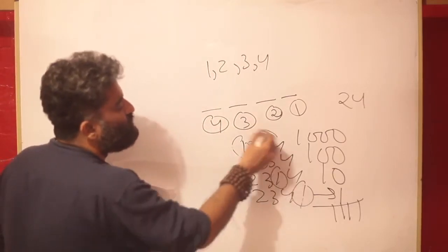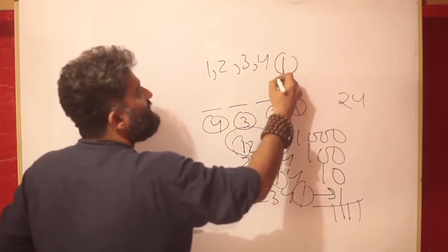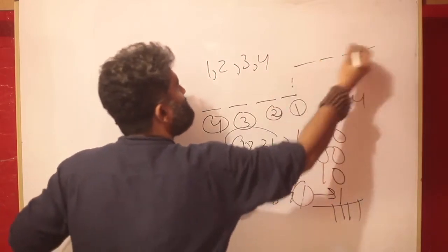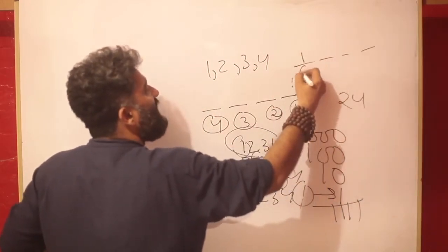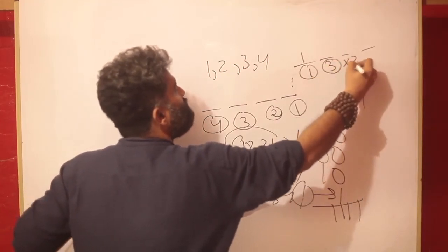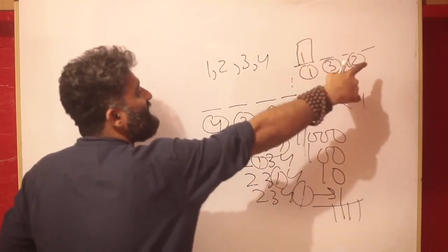What else do you know? You know that for the first position, if I lock down 1, that means only one way. Let's say for 4 digits, if I lock down 1, how many ways? One way. And then it would be left with 3 ways into 2 ways. So if the 1 is fixed here, there are 6 ways of doing that.